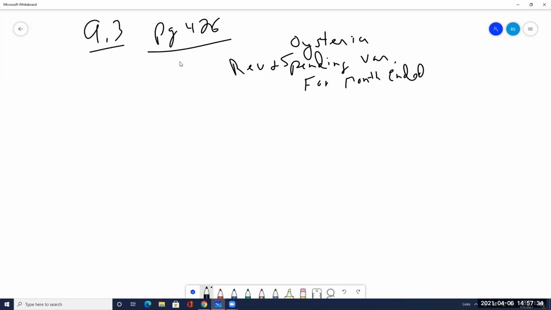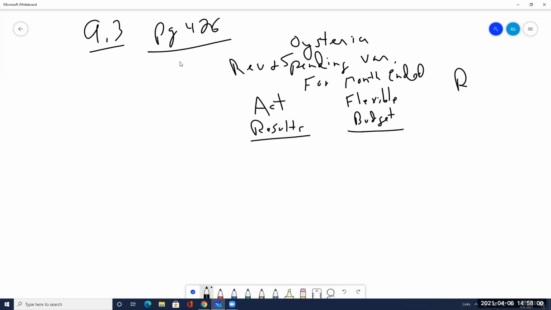And notice what we're going to have. Let's create our three columns. We're going to have actual results, the flexible budget, and revenue and spending variances.